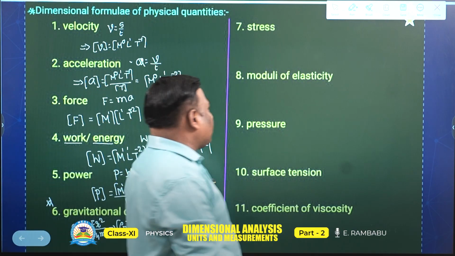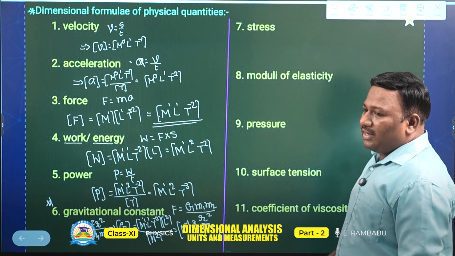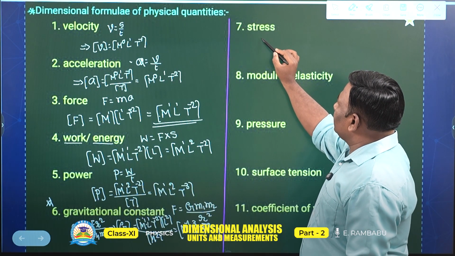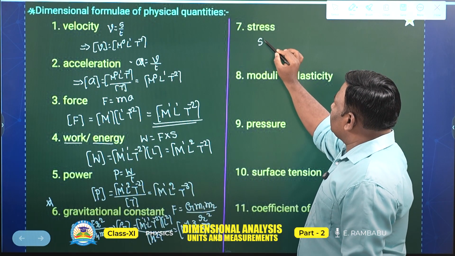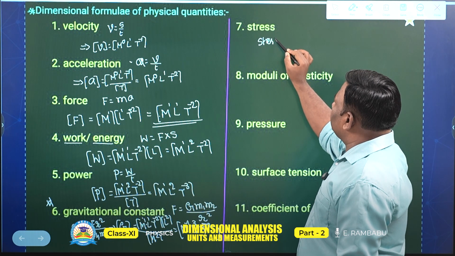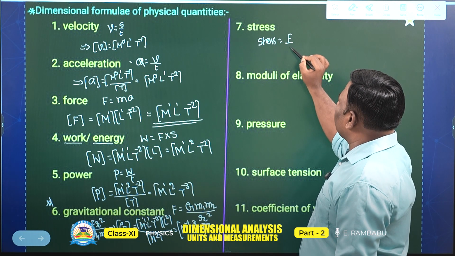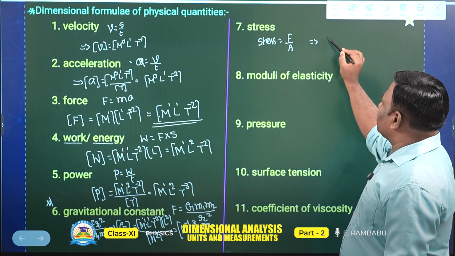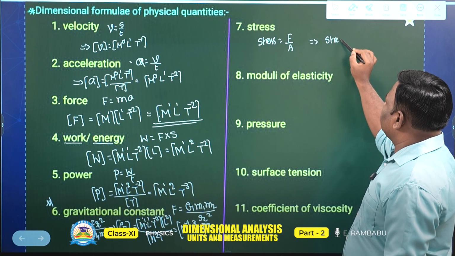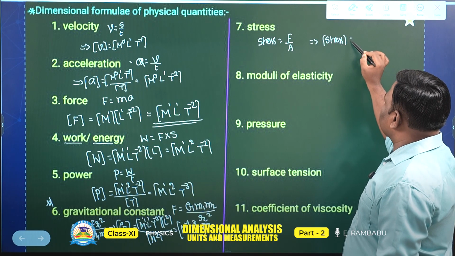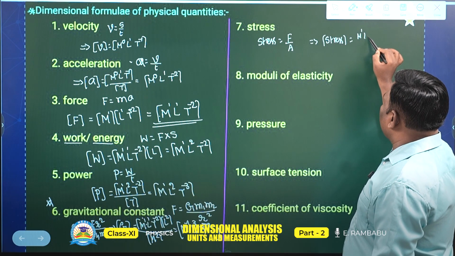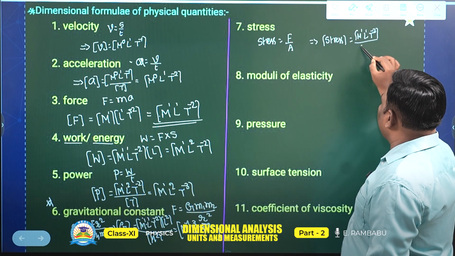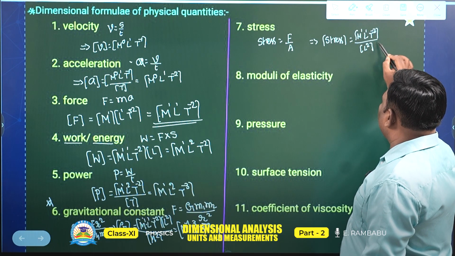And next one is stress. Stress is nothing but force per unit area. So the dimensional formula of the stress can be taken as force dimensional formula M to the power 1, L to the power 1, T to the power minus 2, divided by area dimensional formula L square.